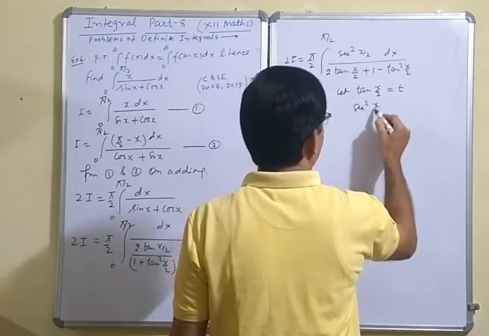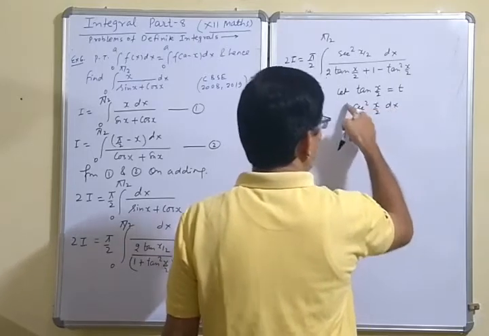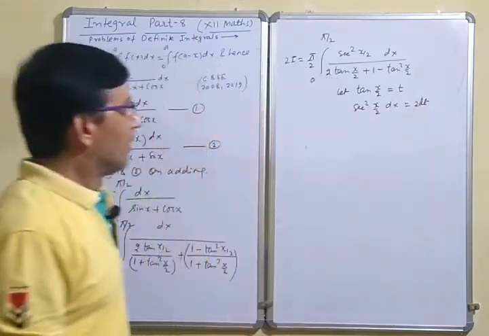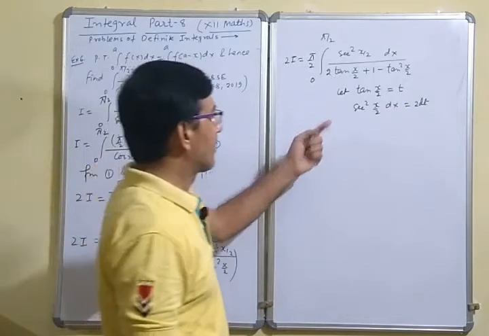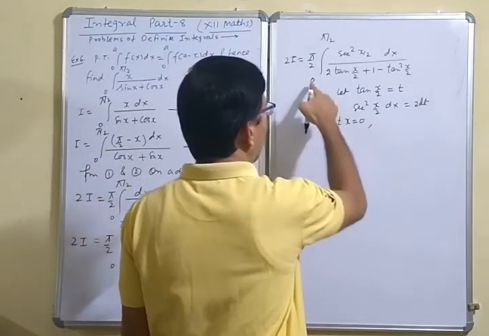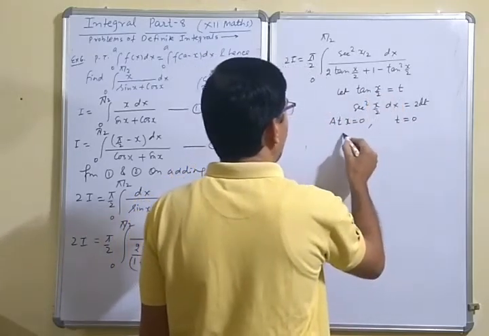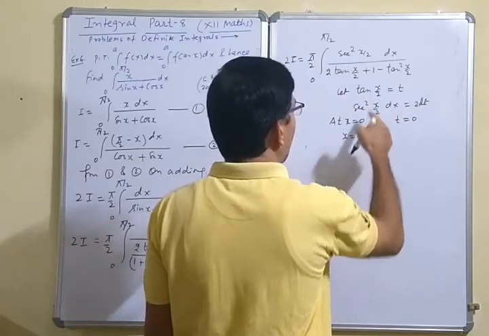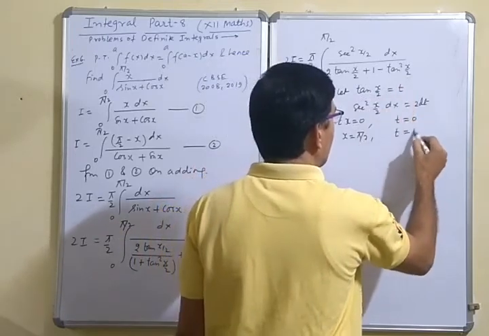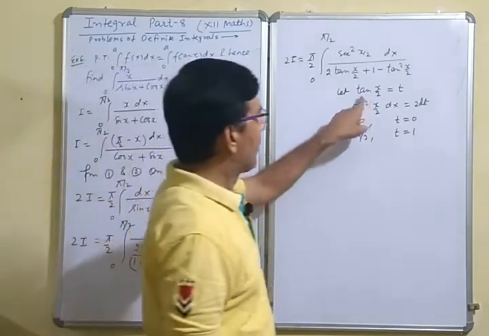Then sec square x by 2 into 1 by 2 dx is equal to dt, so sec square x by 2 dx becomes 2 dt. Now change the limits, as this is a case of substitution. At x equal to 0, tan 0 is 0, so t becomes 0. At x equal to pi by 2, it becomes pi by 4, and tan pi by 4 is 1, so t is equal to 1.